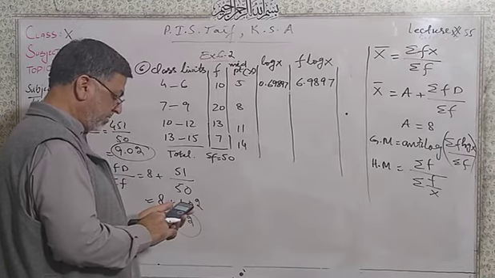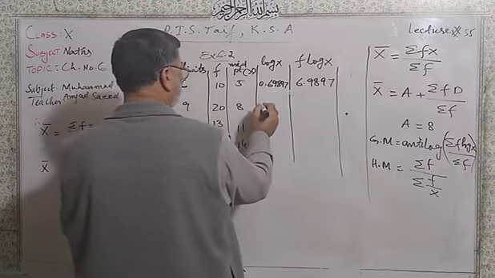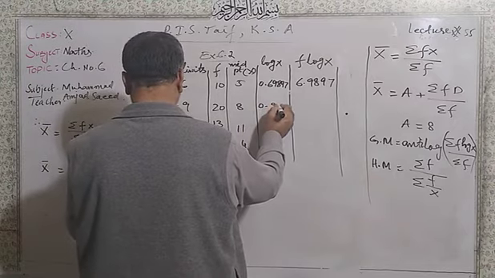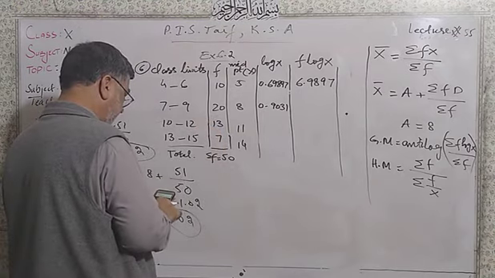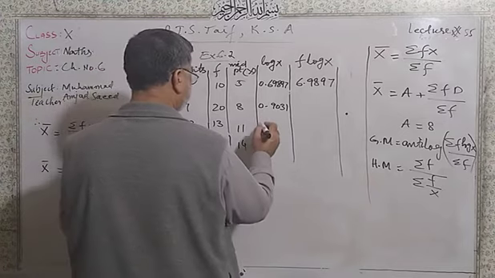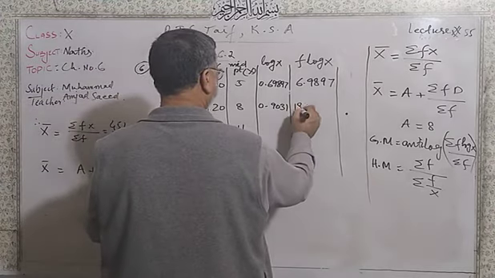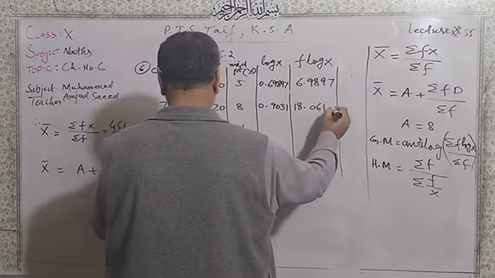Log 8, yes, it will be 0.9031 multiplied by 20. This is 18.0618.